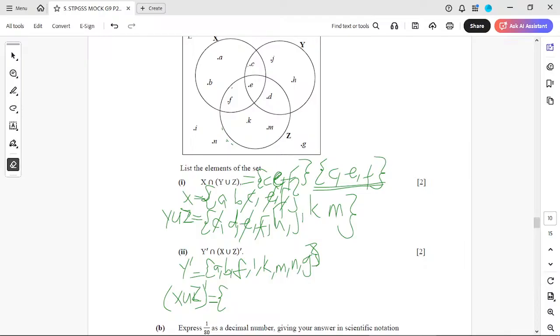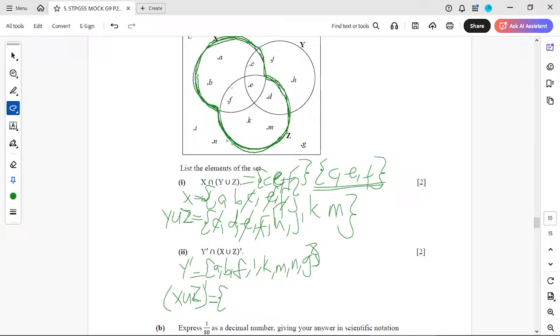We exempt those elements which are found in these two sets, because we are told to list the elements that belong to X union Z complement.